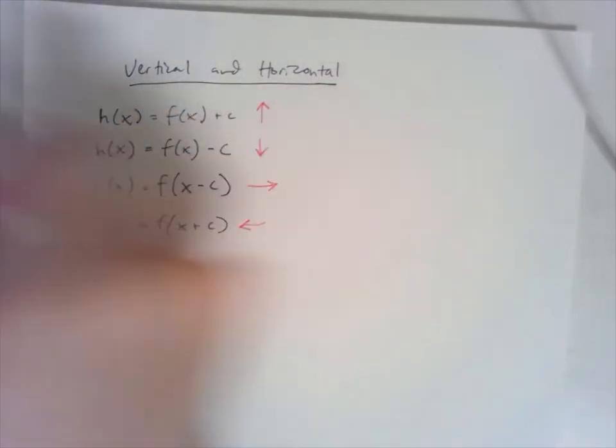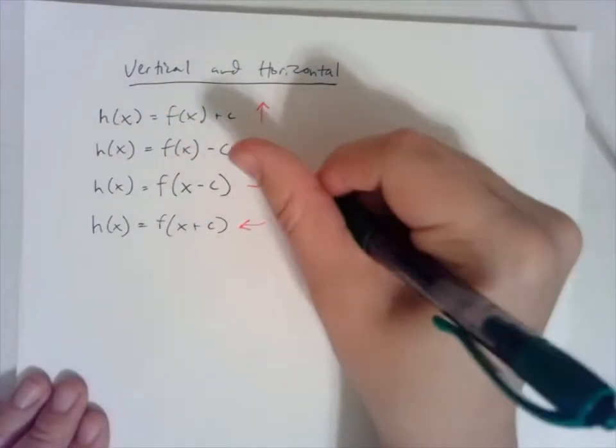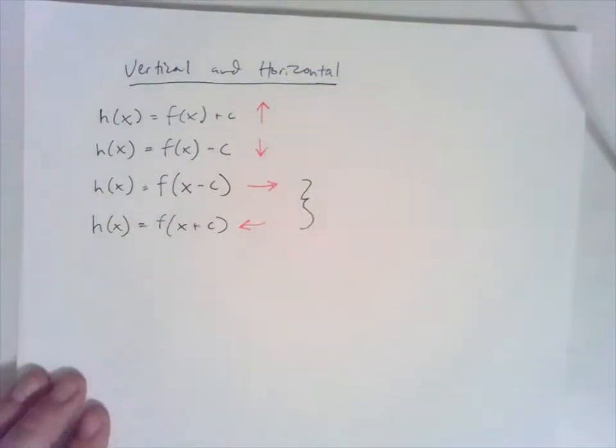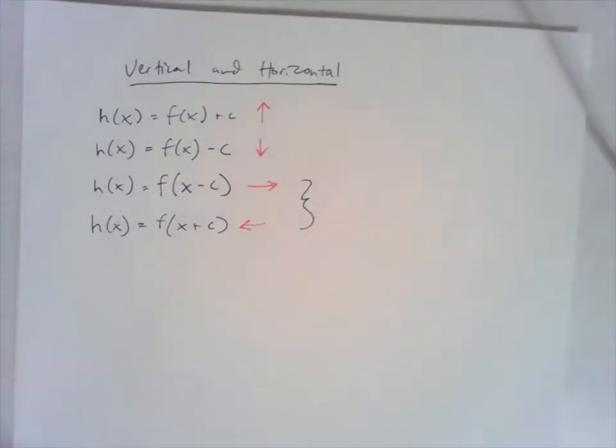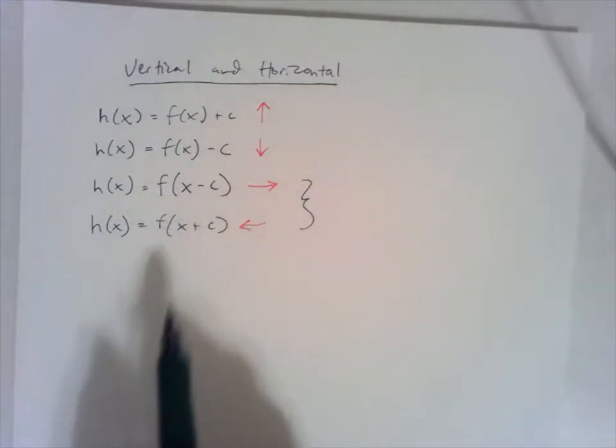I recognize that these two are kind of counterintuitive. Normally when we think about shifting to the left or right, negative means left and positive means right. However, you need to think about the opposite. Understand that when it's inside the parentheses, you move the opposite way. We get that from setting that factor equal to 0 and solving, so we get the opposite value for c every time.